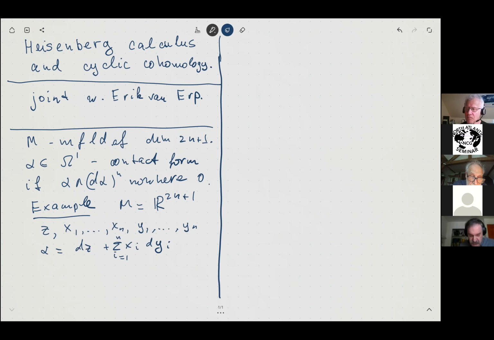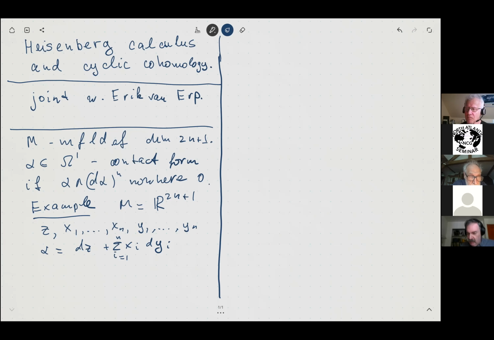This is an example of a contact form, and moreover, locally every contact form looks like this. There is a version of the Darboux theorem for contact manifolds, which says that locally one can introduce coordinates in which the contact form will have this shape.